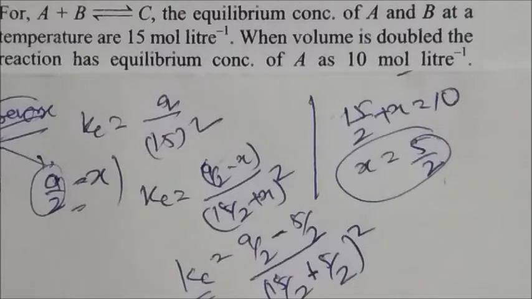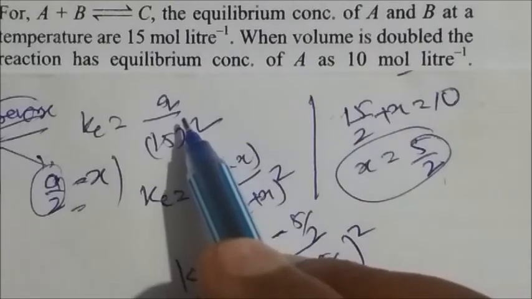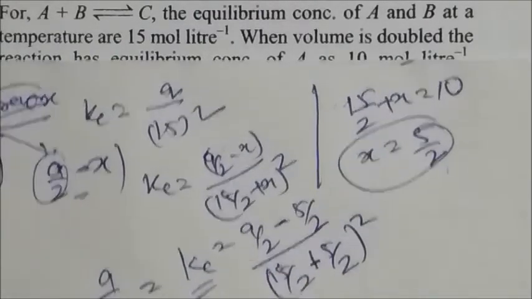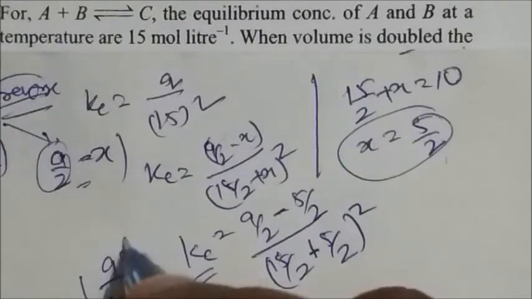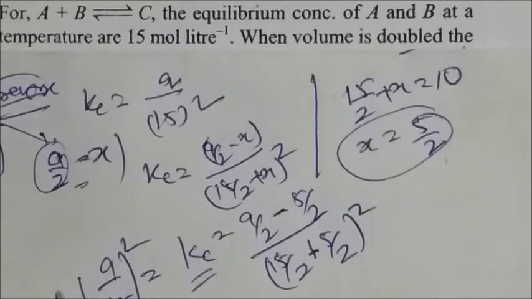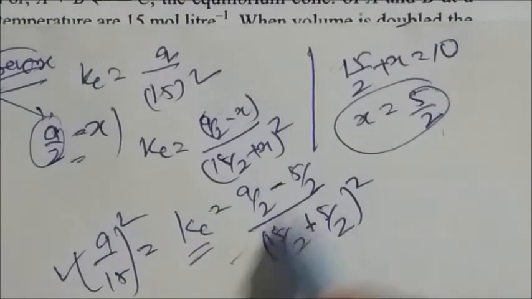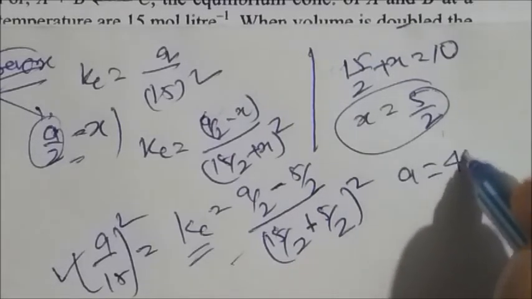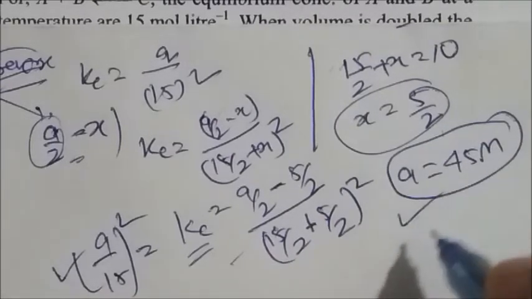And the Kc is already given as A by 15 whole square. So from this equation and this equation, if you solve it, you will get the A value as 45 molarity. Already I have calculated it.